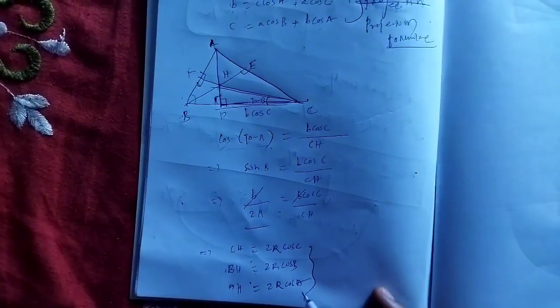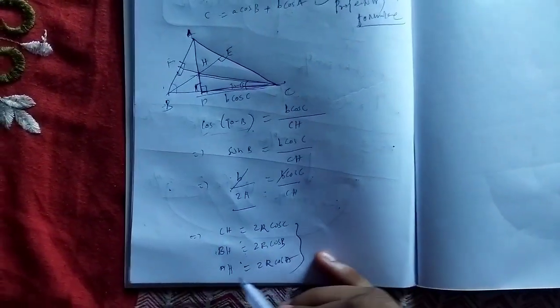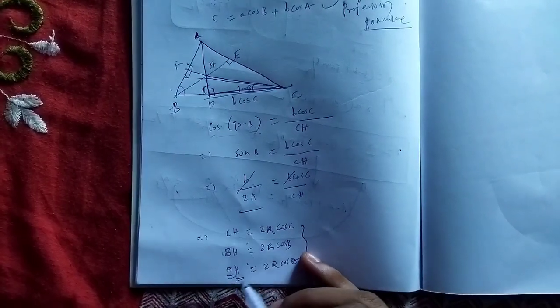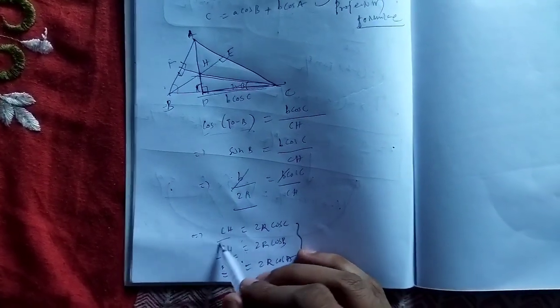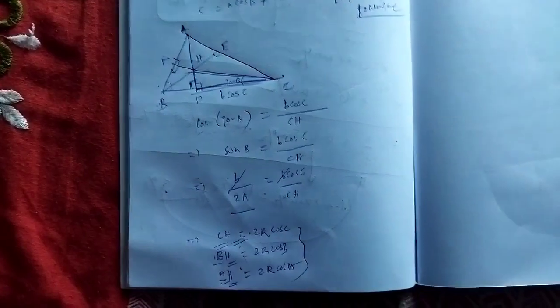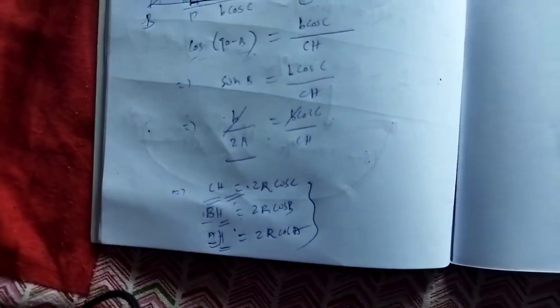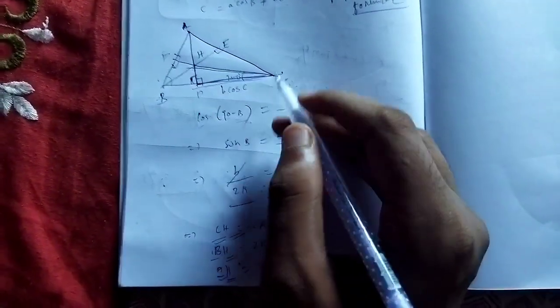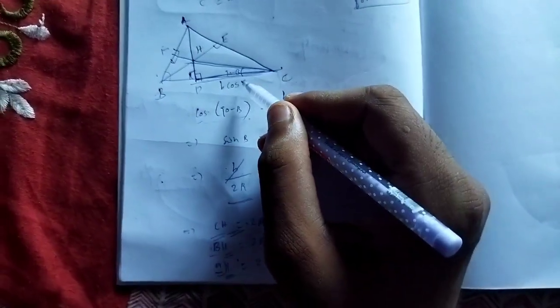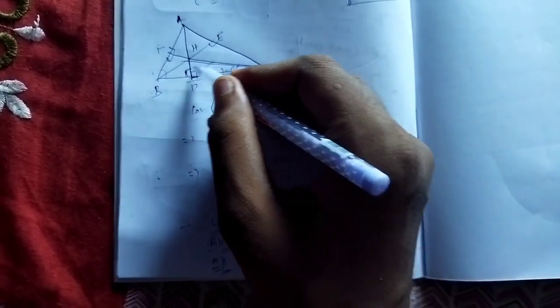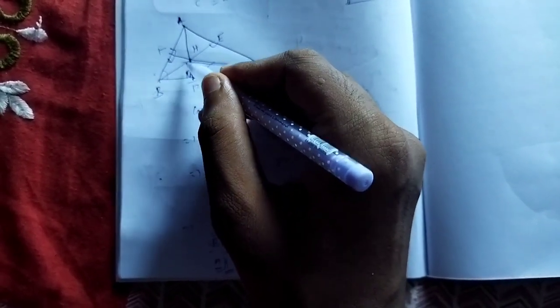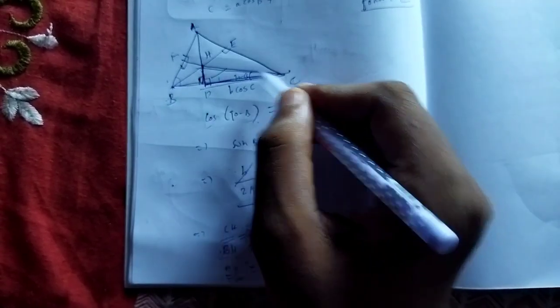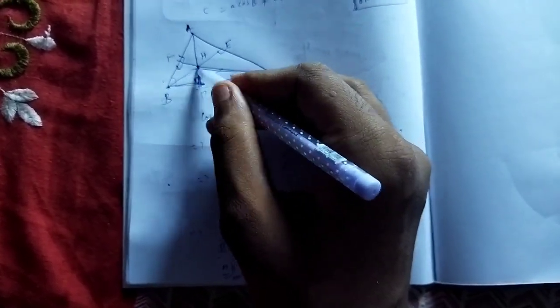These are the distances from vertex A to orthocenter, vertex B to orthocenter, vertex C to orthocenter. These are the distances from the vertices to the orthocenter. Similarly, from this right angle triangle only, we can get the distance of the orthocenter from this side by calculating DH.